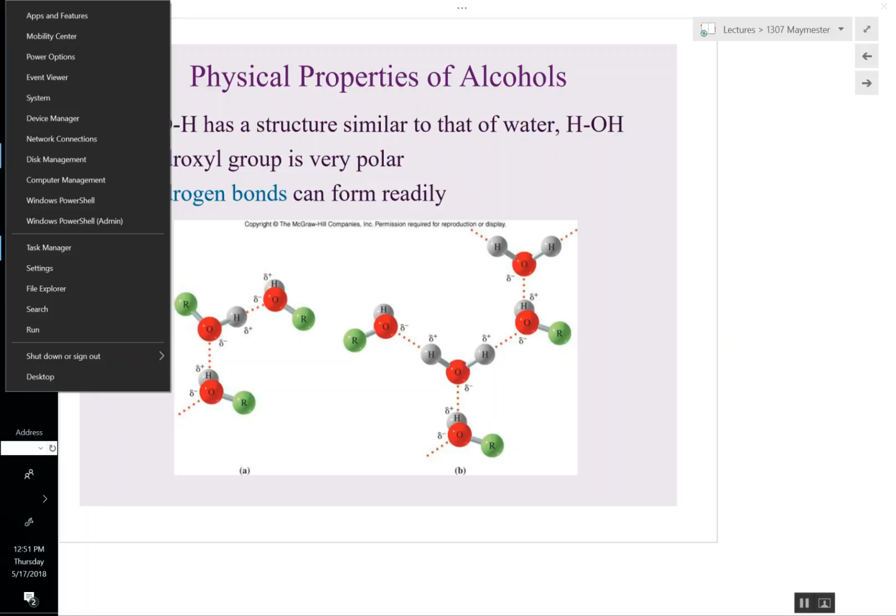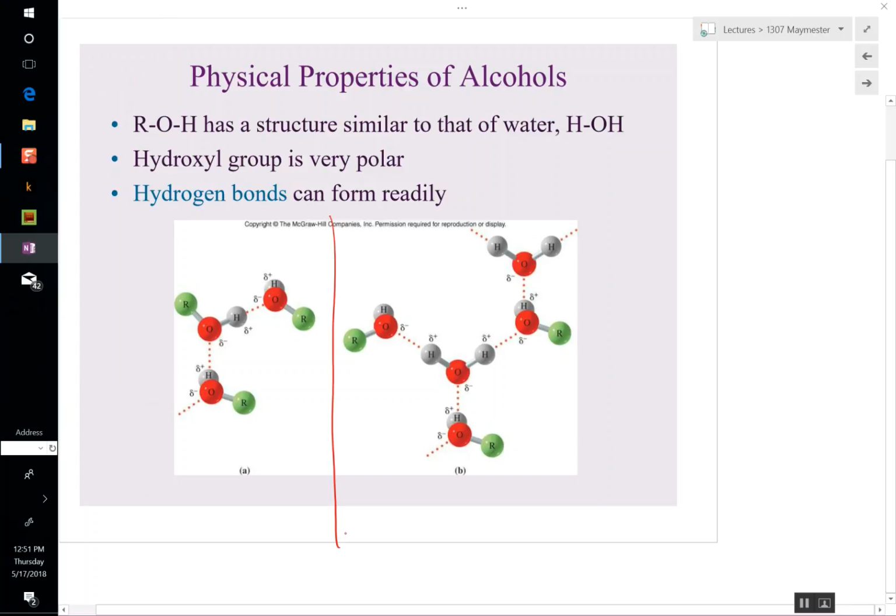So let's see here. Imagine a line right there. This is one container over here, and we've got another container over here. What's in this container? An alcohol, pure alcohol. There's your carbon chain, whatever it is, 1 carbon or 5 or 8, and there's your OH bond. Here's another OH bond.